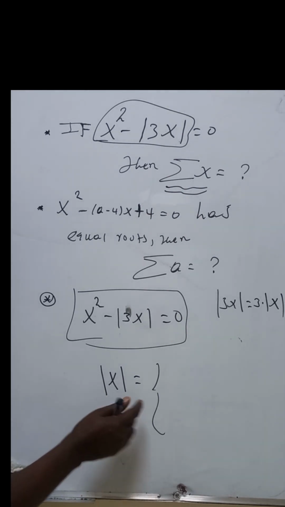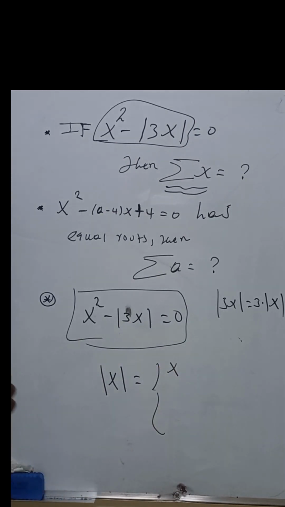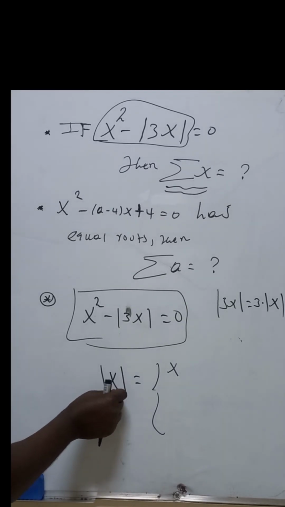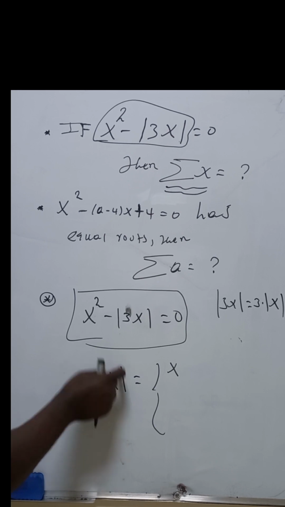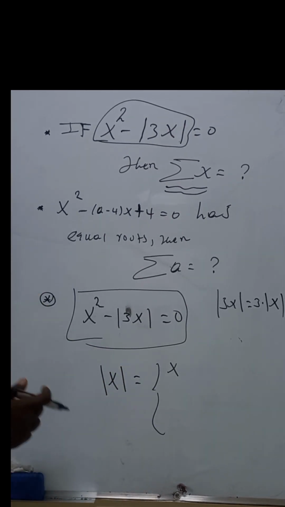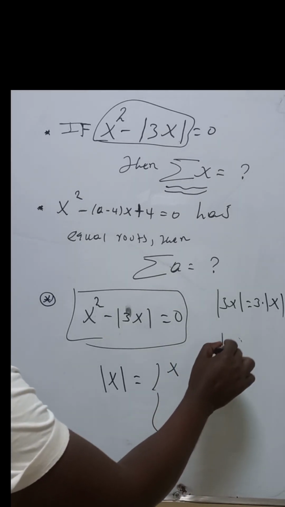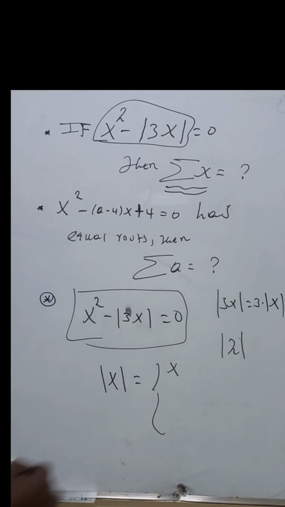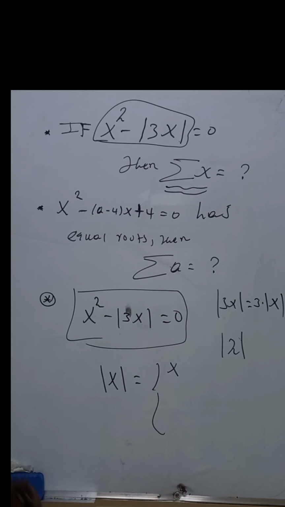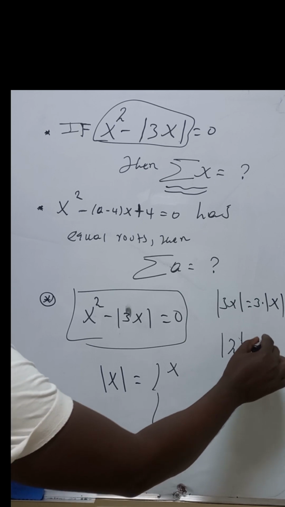Therefore, the modulus of this will be x. That means the absolute value symbol is not important if this value is positive. If x is positive, the symbol is null, because this is now exactly x, as there is no negative measurement. For example, what is the absolute value of 2, or modulus of 2? Since this value is positive, this is exactly 2.